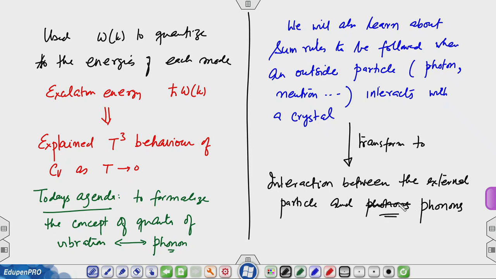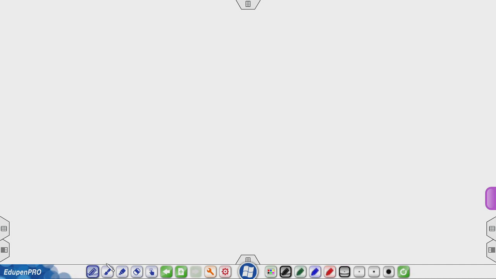Okay. So, with that background, let us look at the Hamiltonian and various quantities that we had.